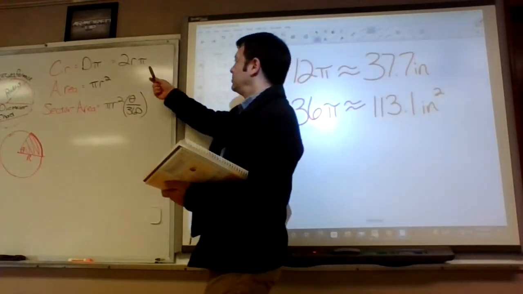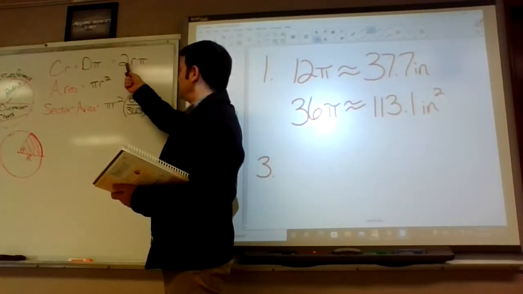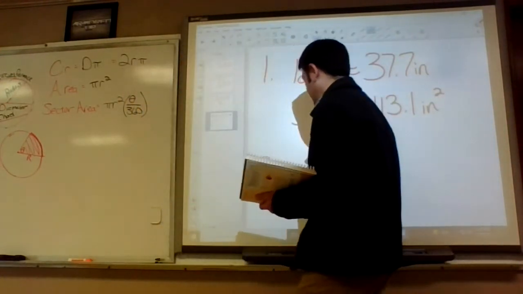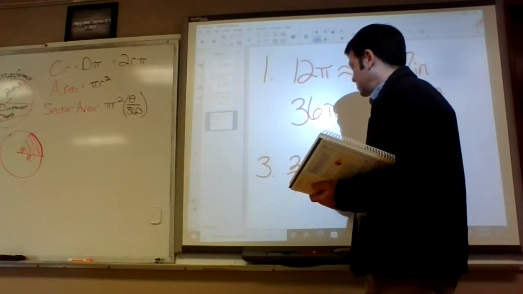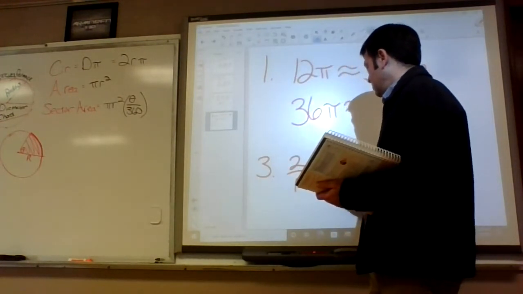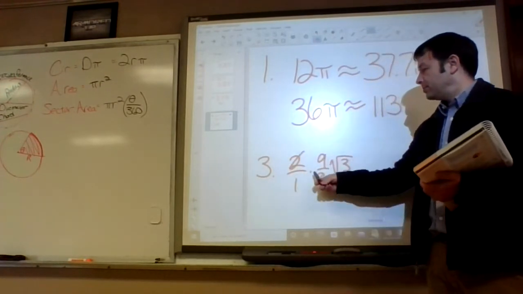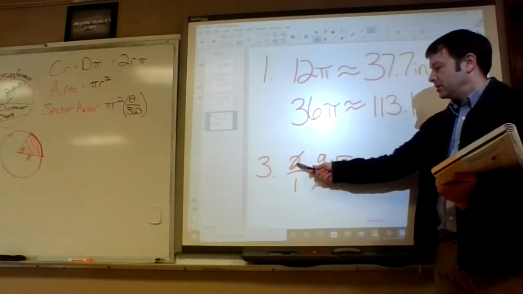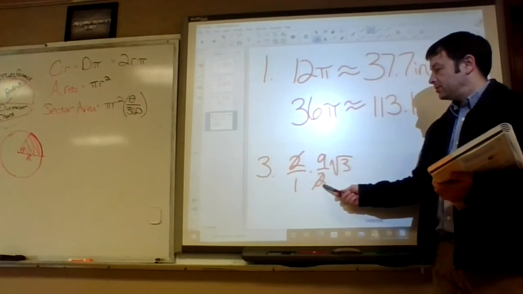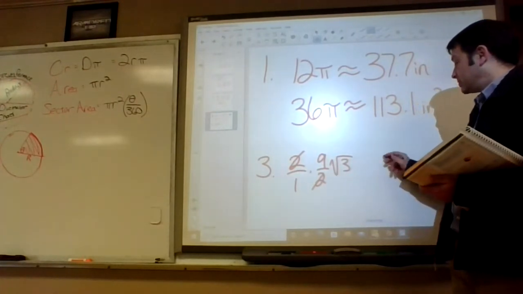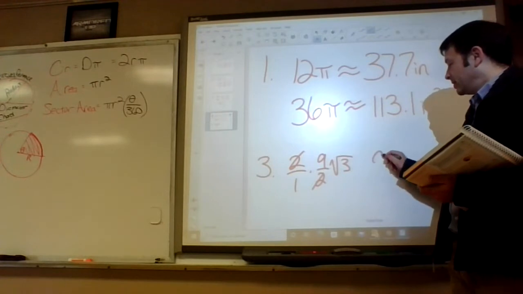So to find the circumference, we need to do 2 times 9/2 square root of 3. A lot of your calculators can do that, but basically the 2's cancel out. So it's just 9 square root of 3 times pi.